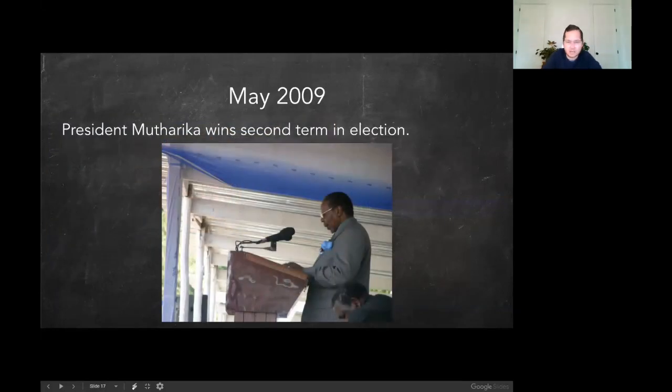Mutharika wins a second term in May 2009. He was the president while I was there. His face was everywhere, in every building and on chitenje, which is their cloth. It was all over the cloth that people were wearing.